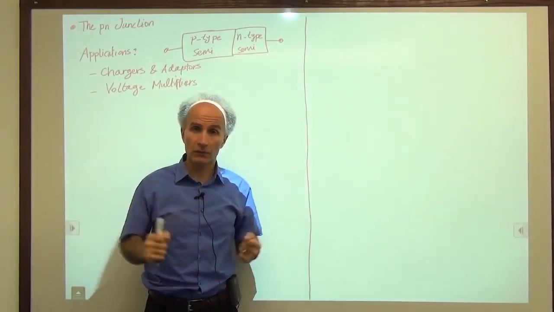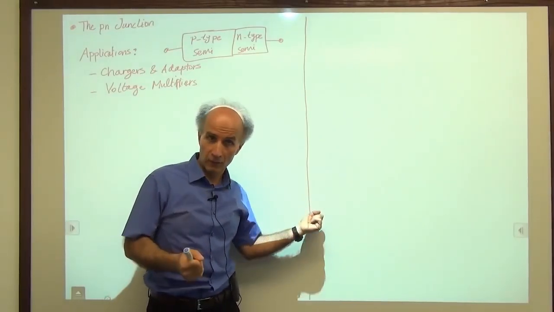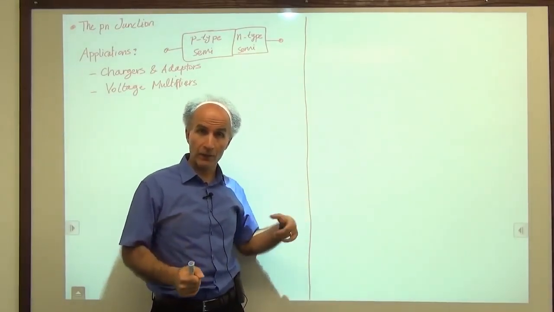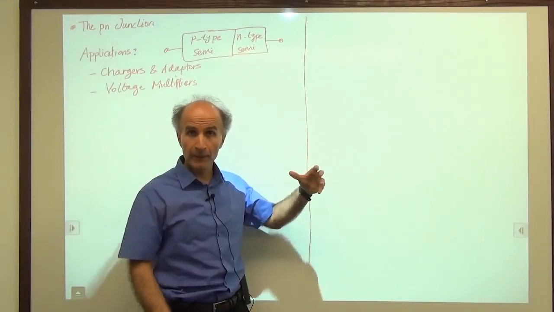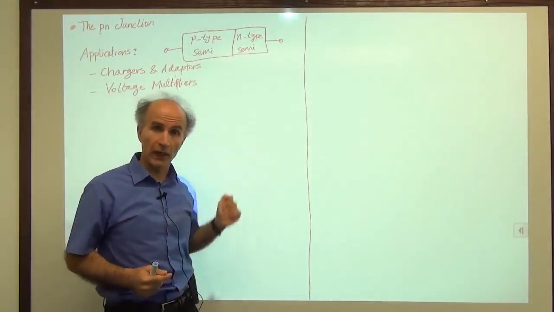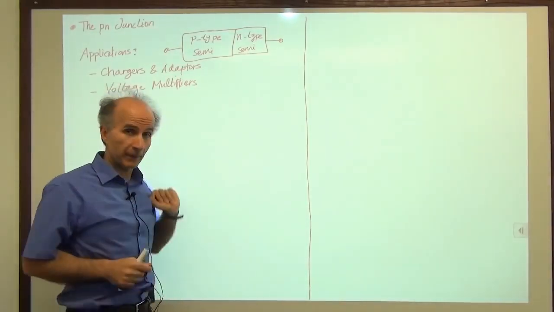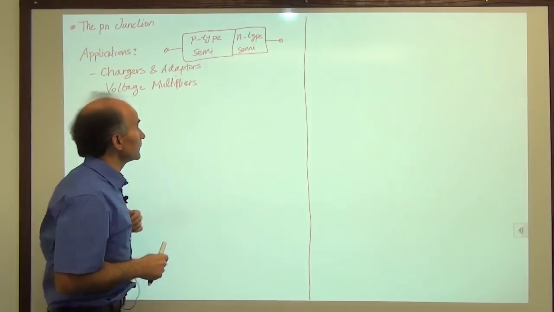So how do we create such a voltage? The line voltage that we have is 110 volts or 220 volts. So somehow this voltage has to be multiplied up to 1,200 volts. And there, again, we use diodes and capacitors to do something like that. So they have many interesting applications in real life.